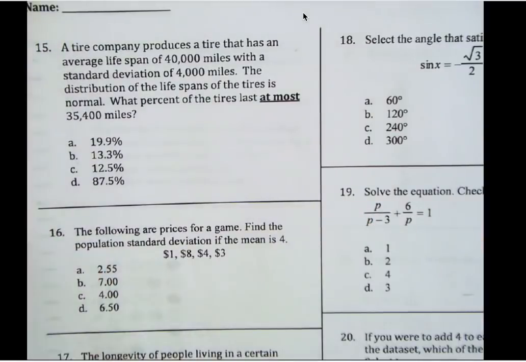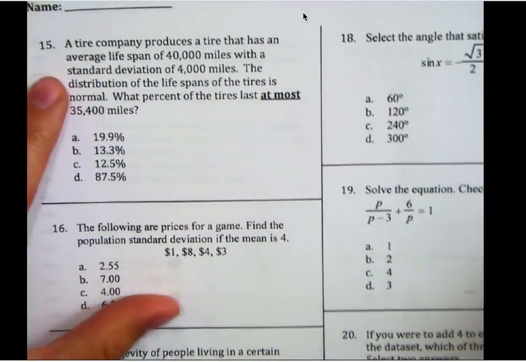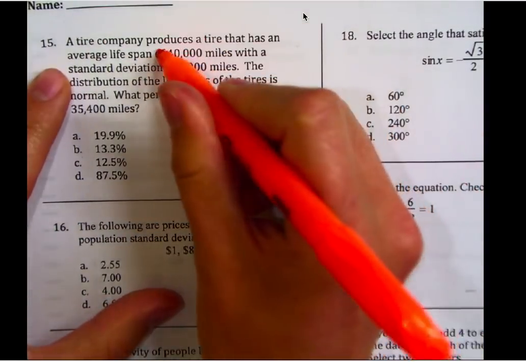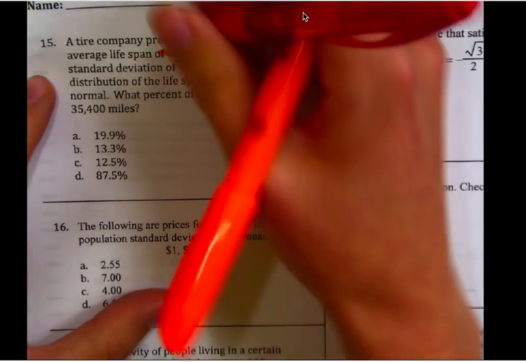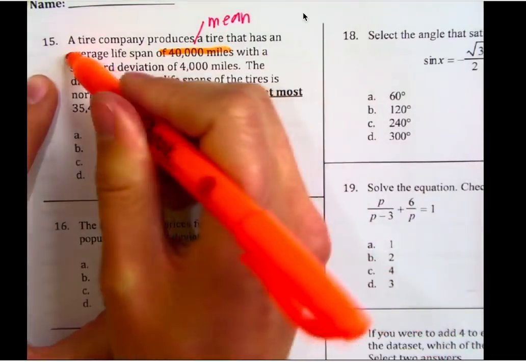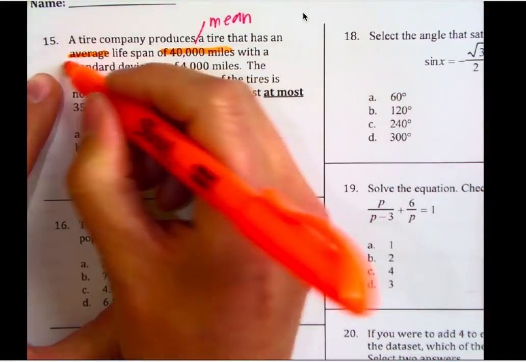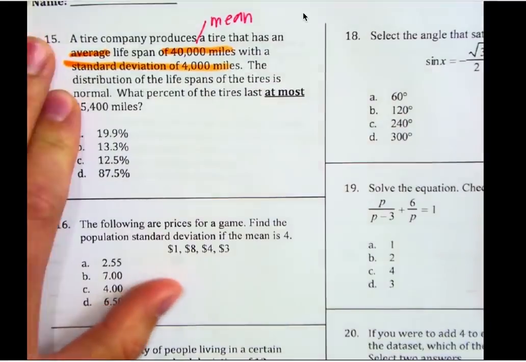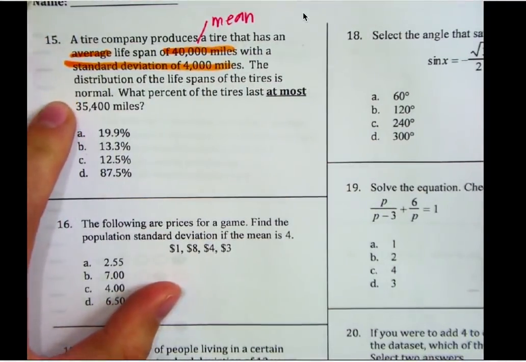Moving on to number 15. We have the same type of problem again. A tire company produces a tire that has the average lifespan. So remember that that's another word for mean, with a standard deviation of 4,000 and the distribution of lifespan is normal.